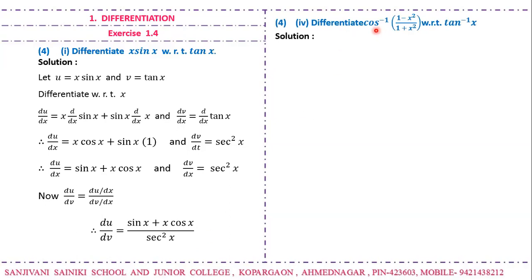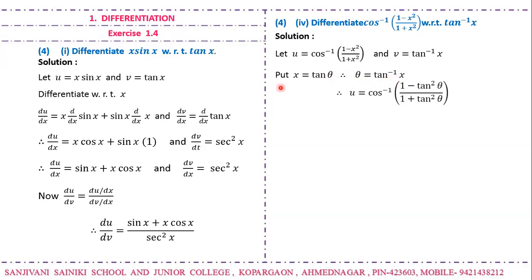Now differentiate cos inverse of (1 minus x square upon 1 plus x square) with respect to tan inverse of x. Again on the same line, this is our first function u, and the second function is v. Here 1 minus tan square theta upon 1 plus tan square theta is cos 2 theta. So I use the substitution x is equal to tan theta, therefore theta is equal to tan inverse of x.